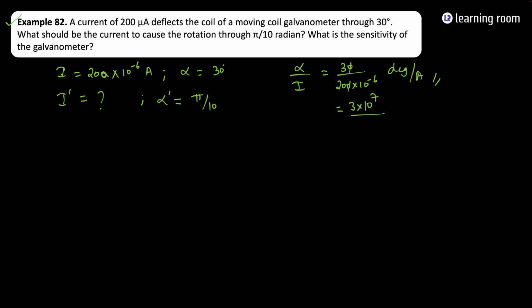Oh sorry, my mistake, correction. So it will become 10 power minus 5, no? So 30 divided by 20 into 10 power minus 5. So it will be 1.5 into 10 power 5 per ampere.